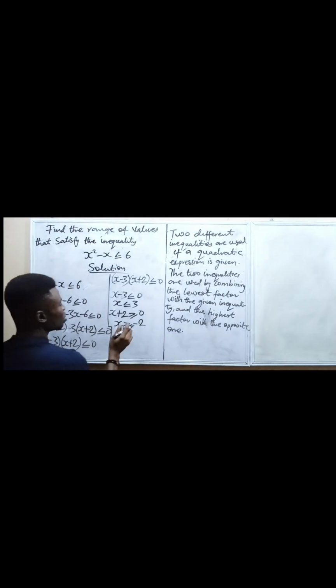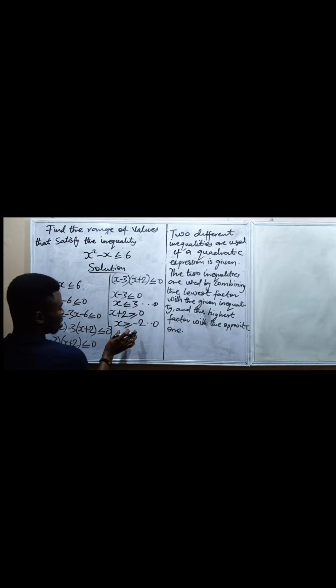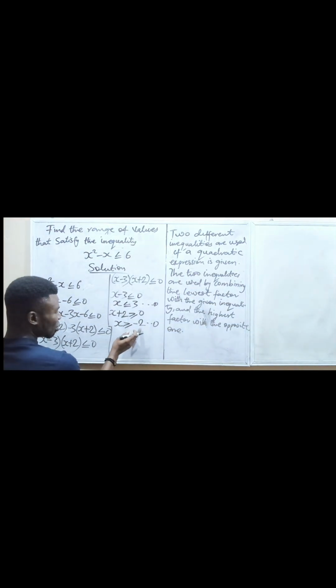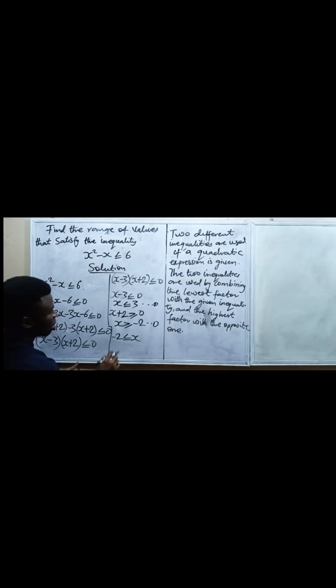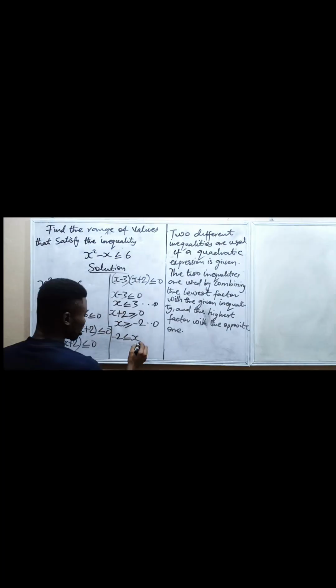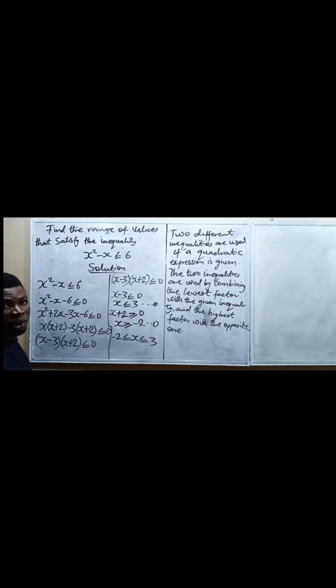So the two ranges of values are these. To combine them, if x is greater than or equal to minus 2, that means minus 2 is less than or equal to x, and x is still less than or equal to 3. So this is the range of values that satisfy this quadratic.